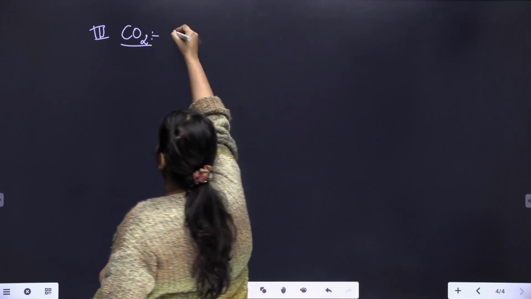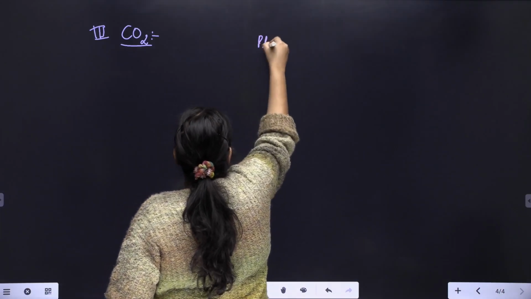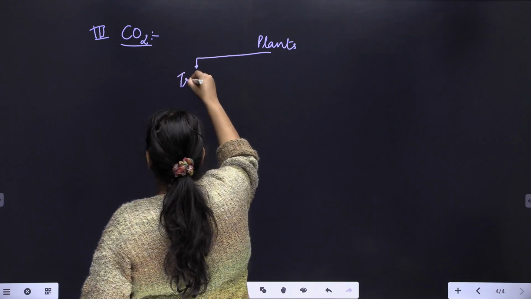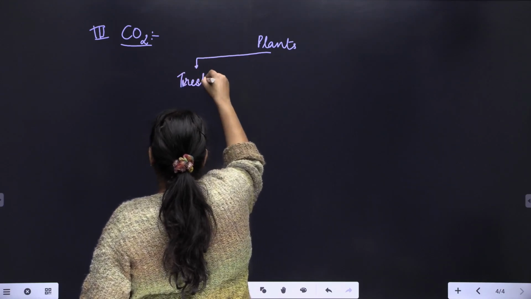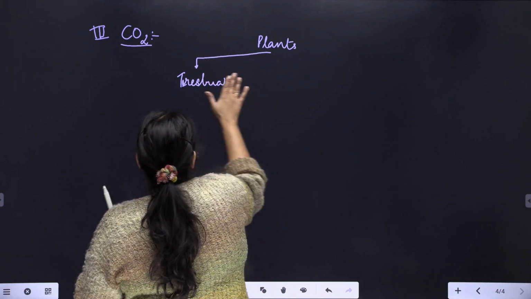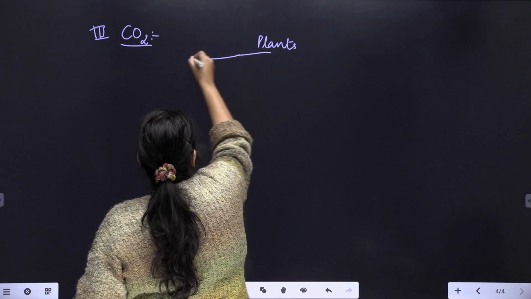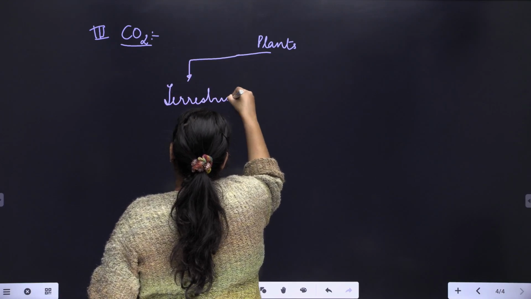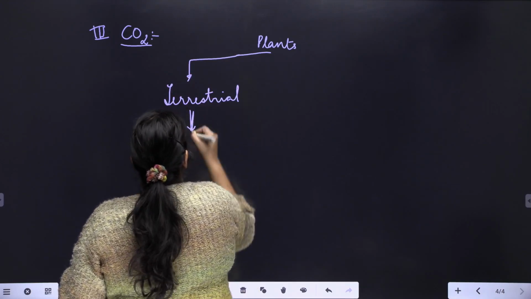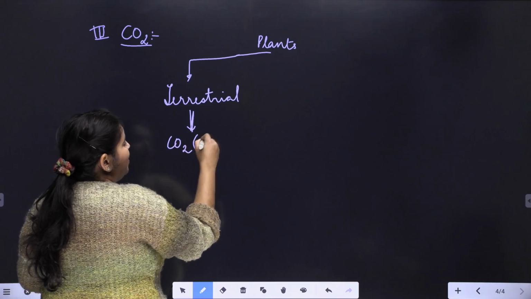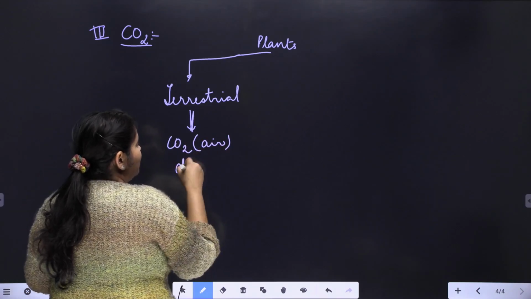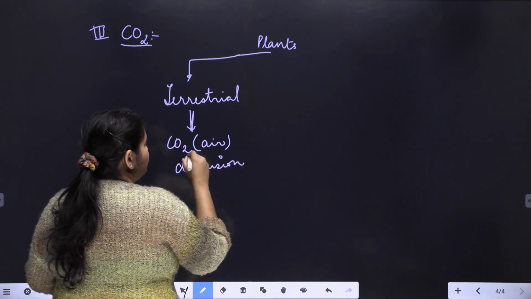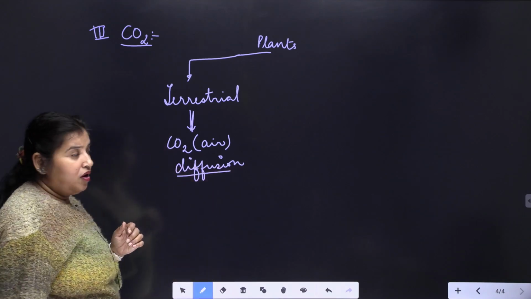So carbon dioxide is taken by plants if the plants are terrestrial. The carbon dioxide is taken from air, and the process involved is diffusion. The CO2 diffuses in.